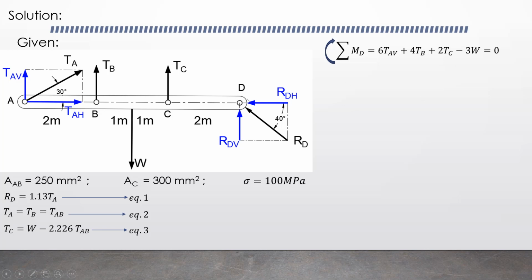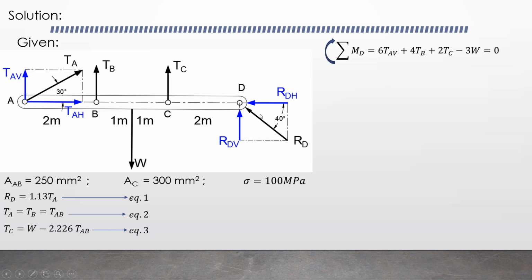Okay? And then again, since our body is in equilibrium, meaning the bar is not moving, the summation of all the moments is equal to 0.